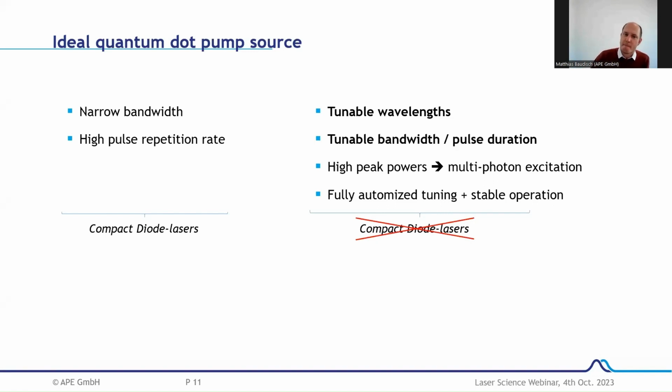Furthermore, high peak powers would be nice, because then you can use multi-photon, or especially two-photon excitation. This will be shown in some examples of user experiments, where this actually has great benefits to use multi-photon excitation in a quantum dot. And obviously, if the whole source is fully optimized and stable, it would also be highly required.